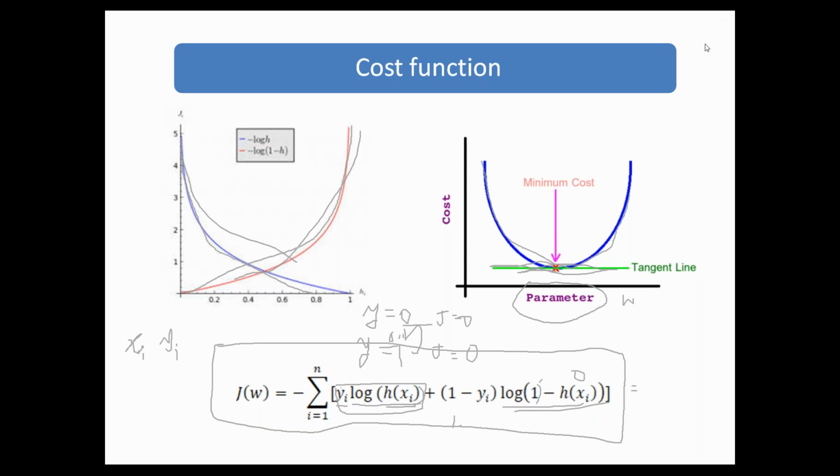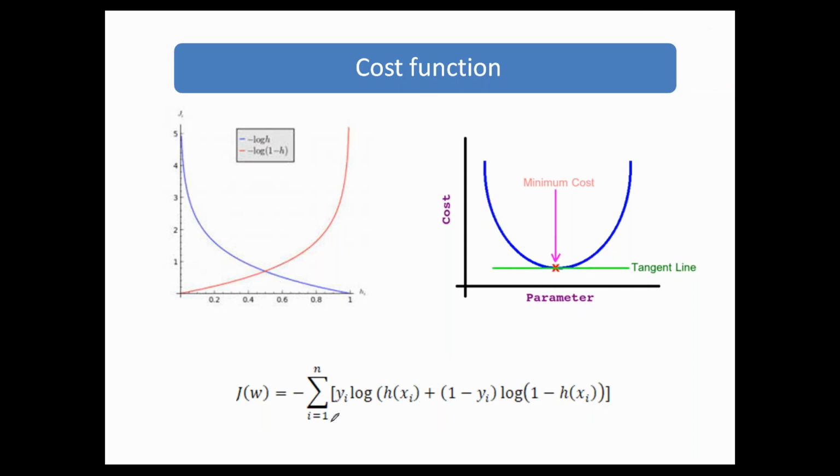So if you want to find the w's, you have to solve this equation. Just like the previous one, you will be having different algorithms. These algorithms will be slightly different from linear regression, because in linear regression the hypothesis function is linear, so you are getting a nice solution.